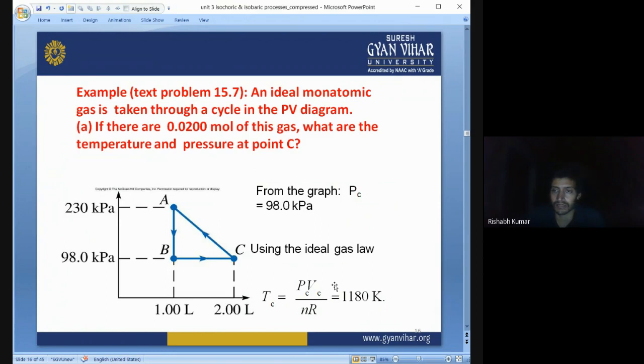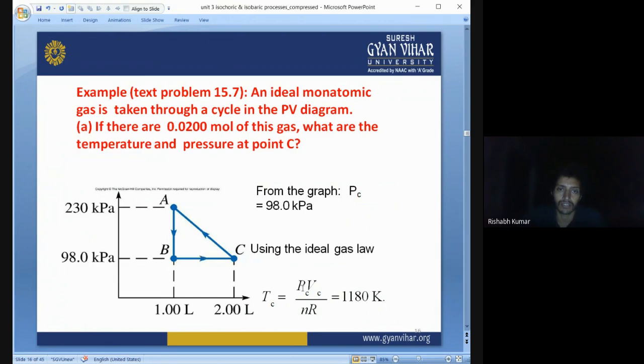Okay, so now let us come back to this question again. We have to find out the state variables, the temperature and pressure at point C. So from this diagram we can see that pressure at point C is 98 kilopascal, and is given in the question, right?